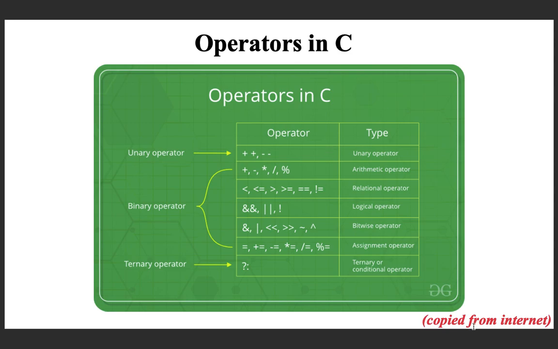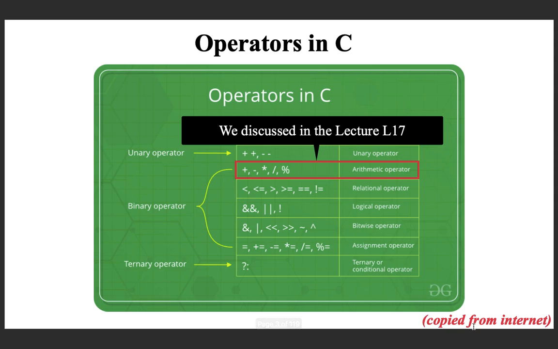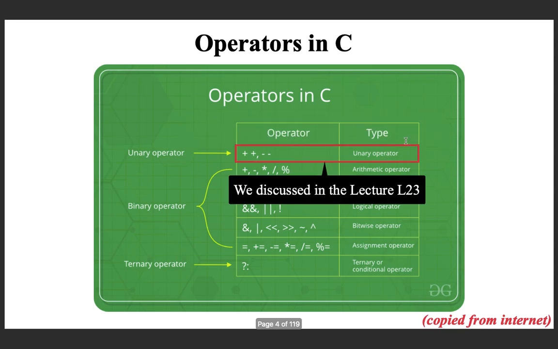This figure is copied from the internet, and from among all the operators, we have discussed arithmetic binary operators in the lecture L17, and yesterday we discussed unary increment and decrement operators, and also we looked at the minus and sizeof operators, which are all unary.